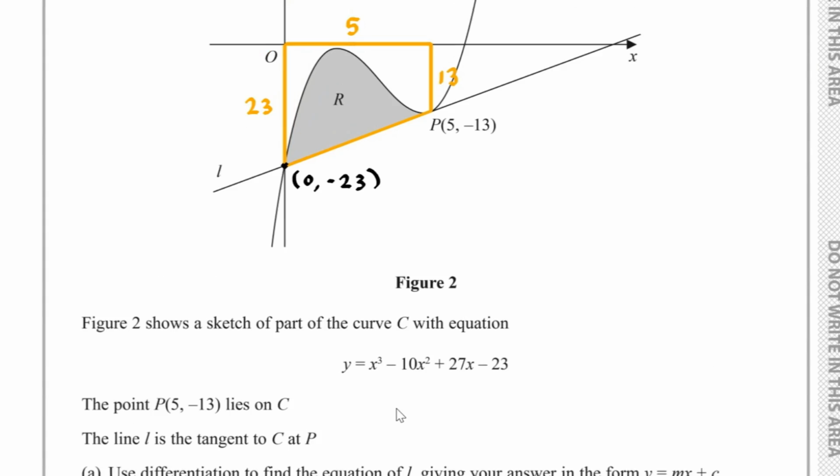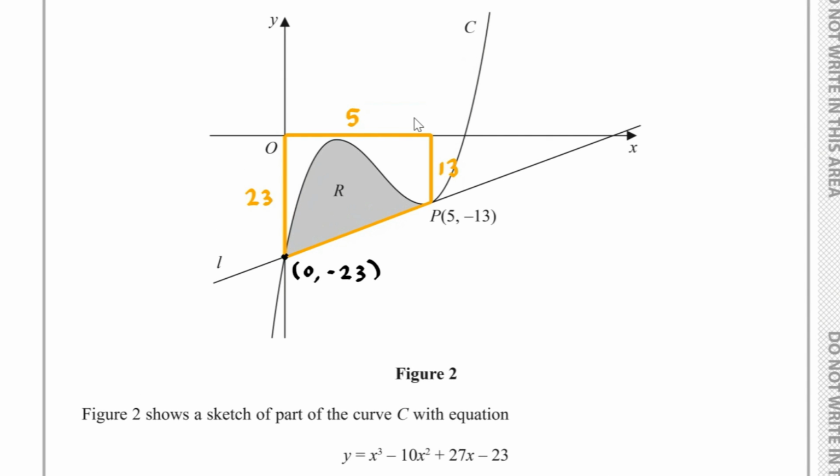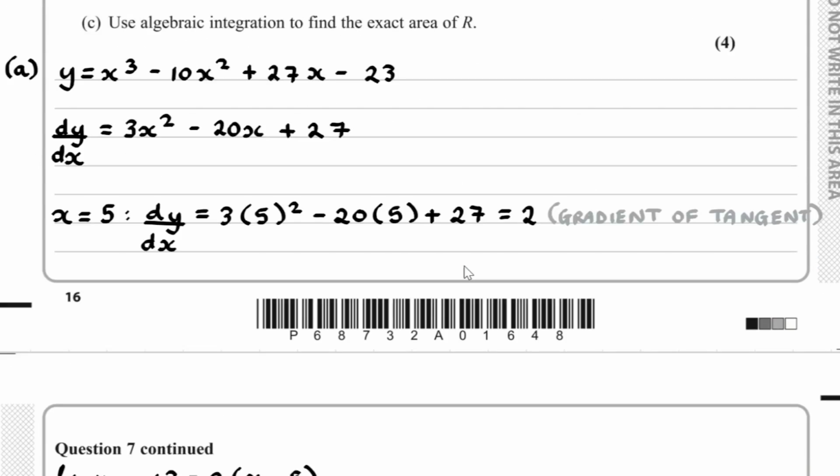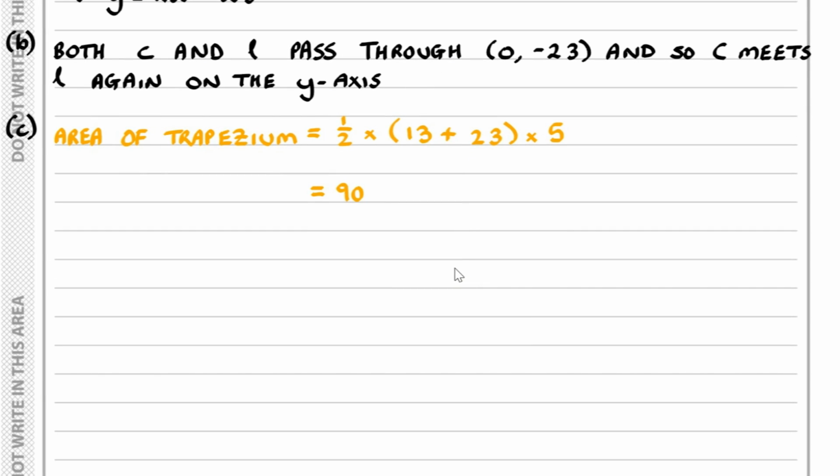What we can now do is find out the unshaded region. The area of the unshaded region, let's just show that in blue, we can find through integration.